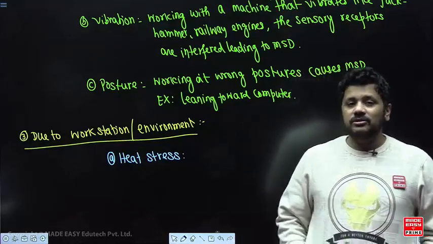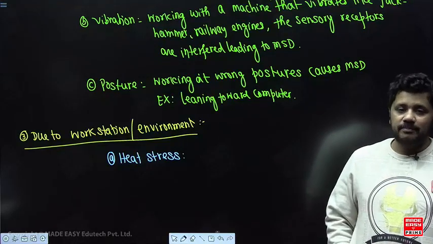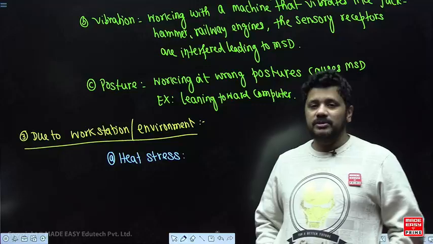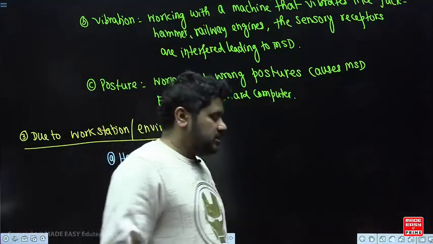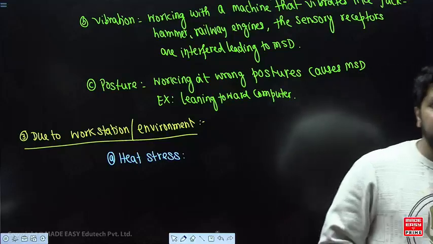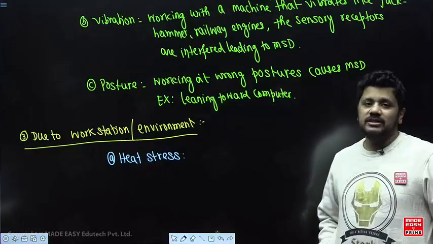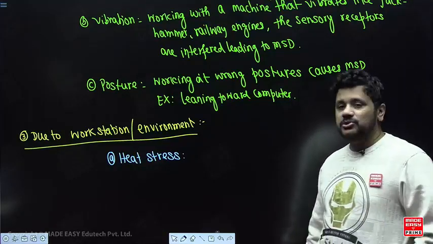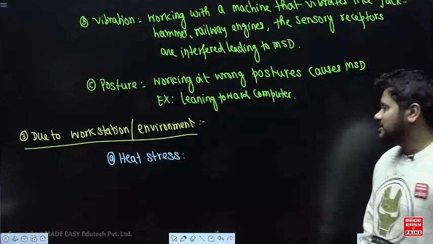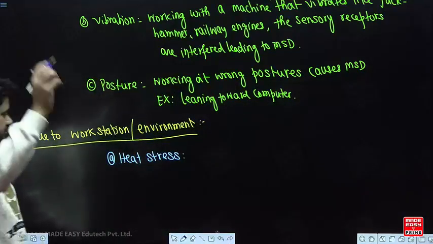In the railway engines also, if you go inside the engine, there is some portion of the heat transmitted towards the cabin for the loco pilots. तो जिसकी वजह से बहुत गर्मी होती है. और under the sun construction, or if you have any field work, obviously there is a chance that you will get heat stroke. लू लग सकता है जिसकी वजह से बॉडी पे स्ट्रेस डेवलप होना शुरू हो जाएगा. Isn't it? Heat stress.